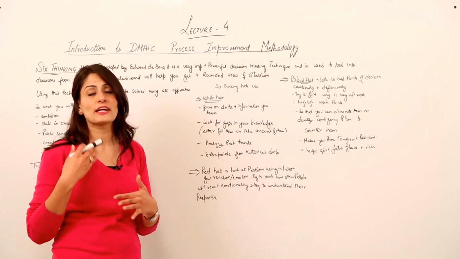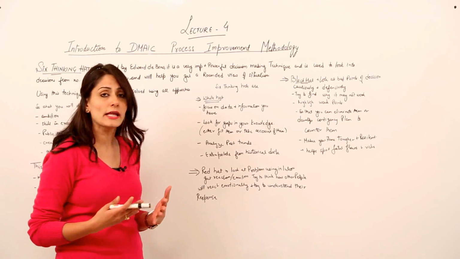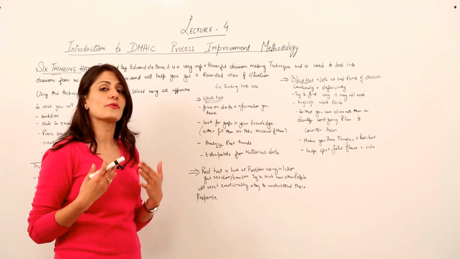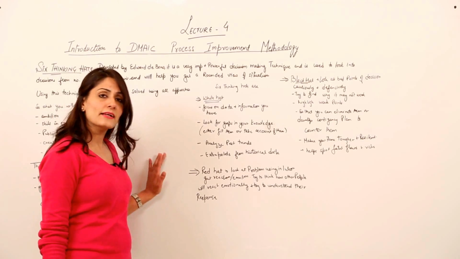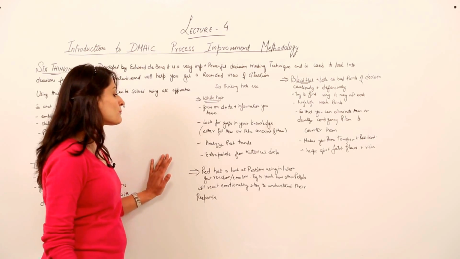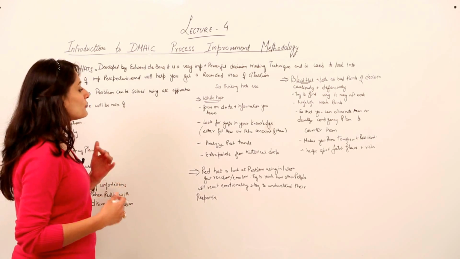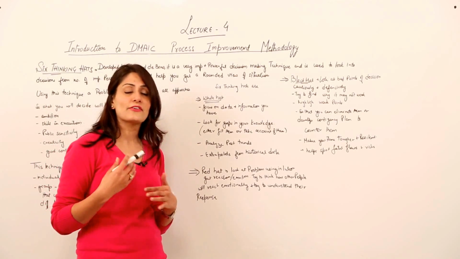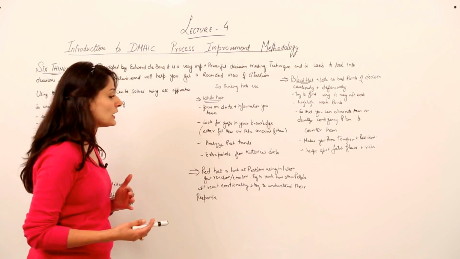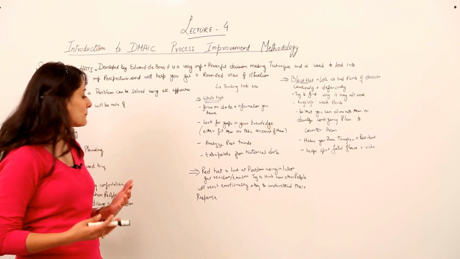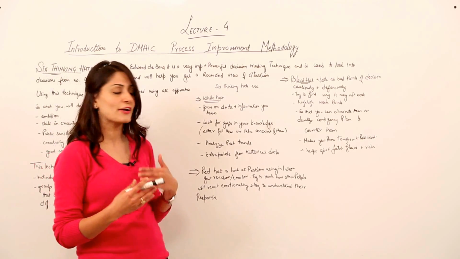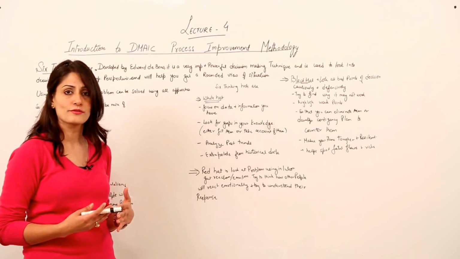This means you try to gain knowledge or take reference from past trends. Then comes red hat thinking. This is a kind of thinking where you look at a problem using intuition, gut reaction, or emotionally. You try to think how other people will react emotionally and try to understand their response.